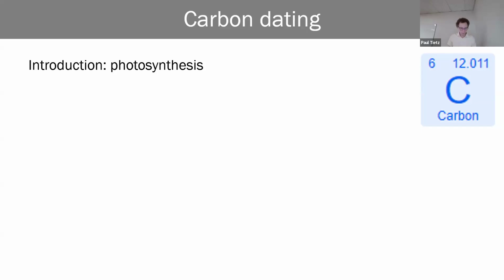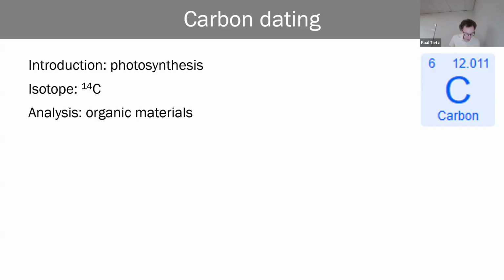And then, right, 14C is the isotope analyzed in organic materials. And this 14C will begin to decay because it's less stable in the environment than our normal carbon atom is.